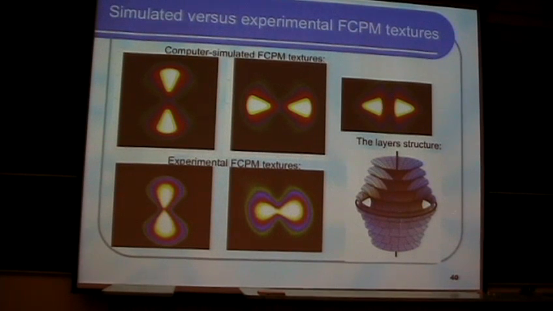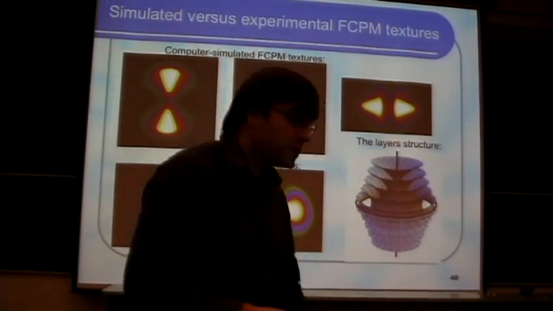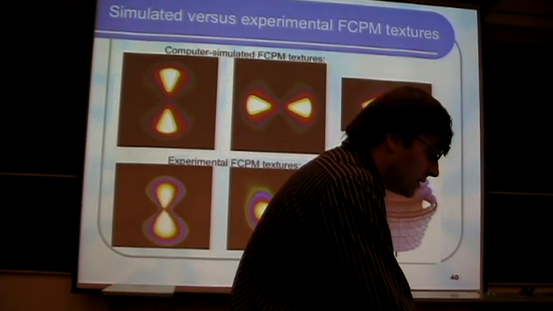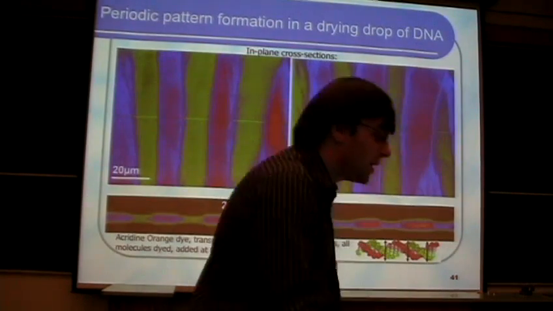And so, because we can compare the expected FCPM images with experimental ones, we can assure that the structure we deal with corresponds to a particular model that we have in mind, like that of the focal conic domain shown in here.